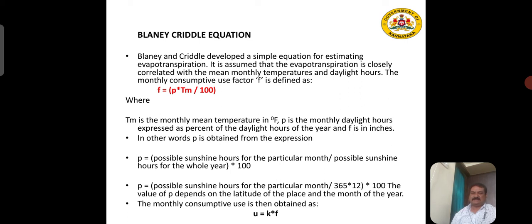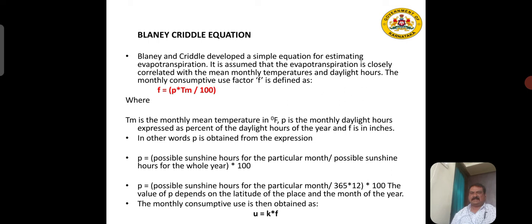Blaney-Criddle equation gives a reasonably accurate estimate of evapotranspiration provided a locally developed crop coefficient is used. However, it takes only temperature and daylight hours into account, and other important factors like humidity and wind are ignored here.